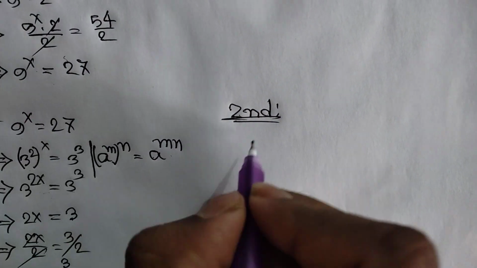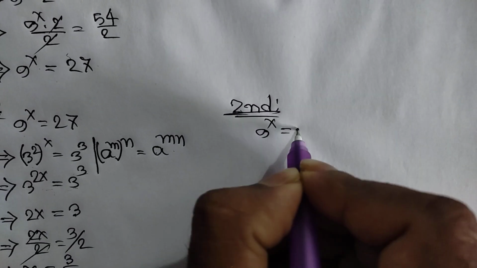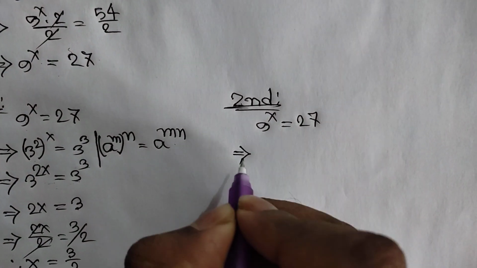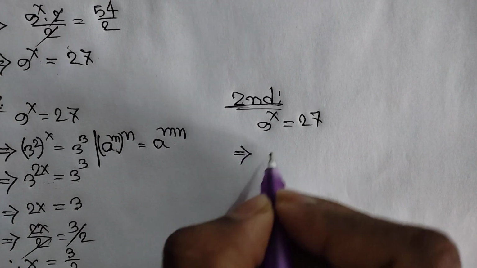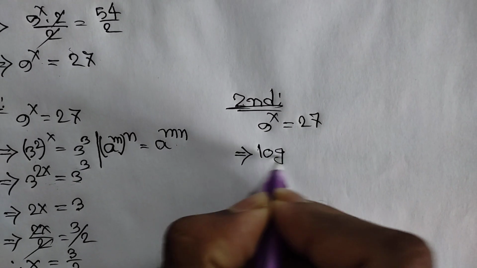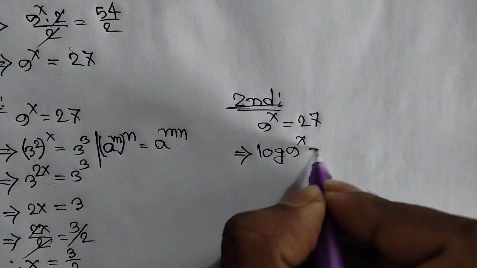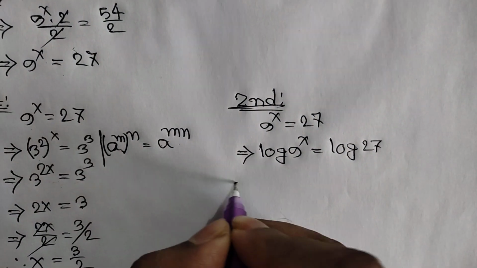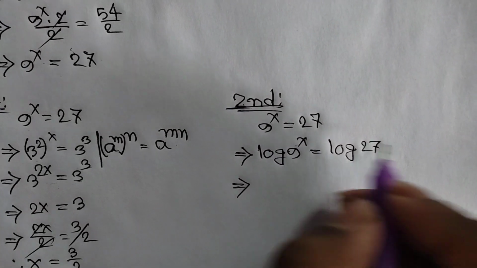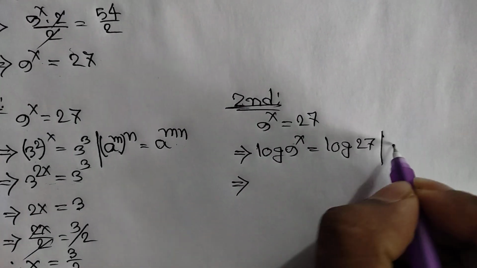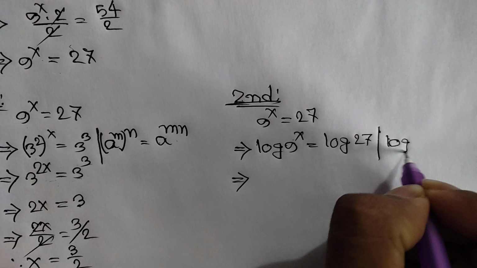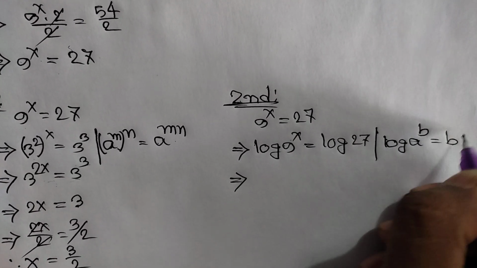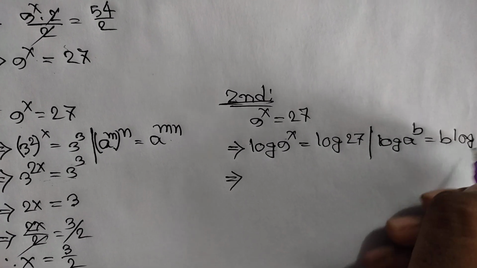Here we can write 9 to the power x is equal to 27, or taking log to both sides, we can write log of 9 power x is equal to log of 27. Here we can apply this rule, log of a to the power b is equal to b log of a.